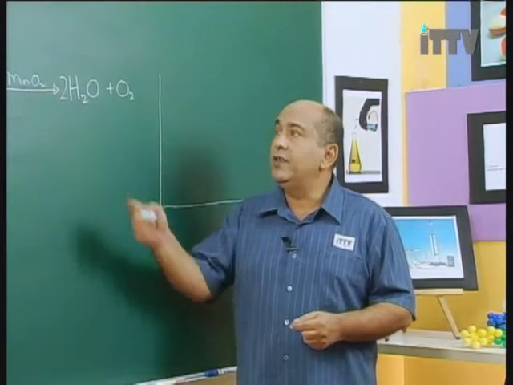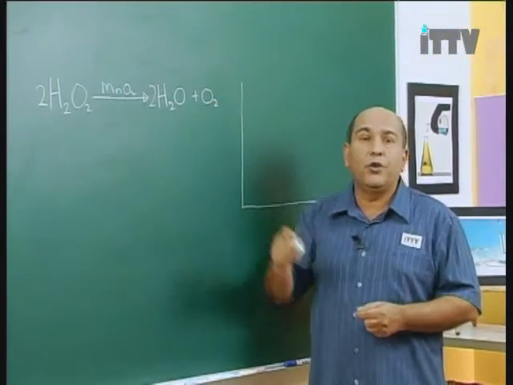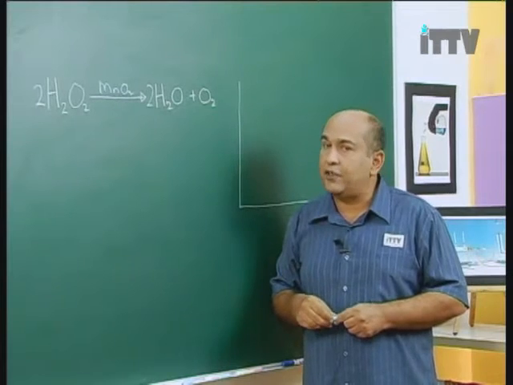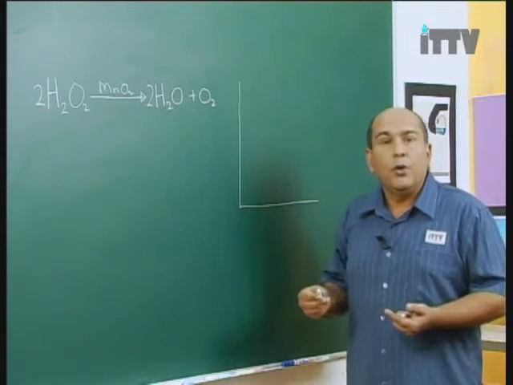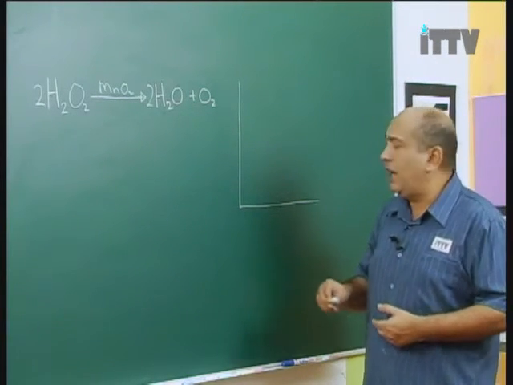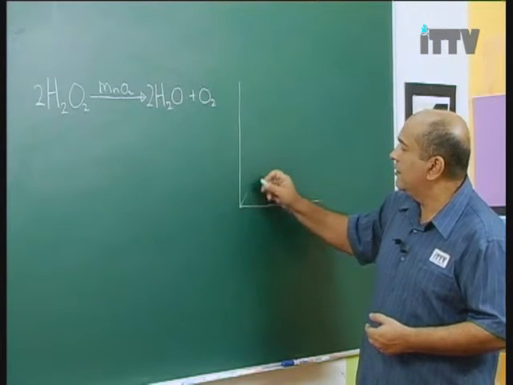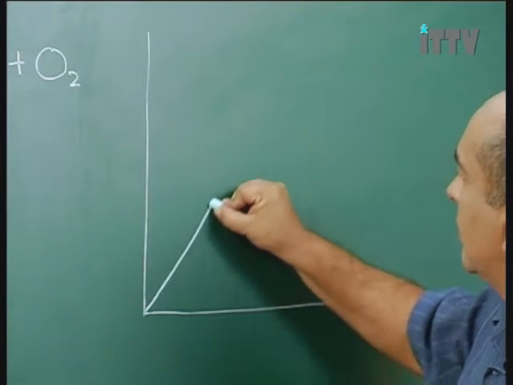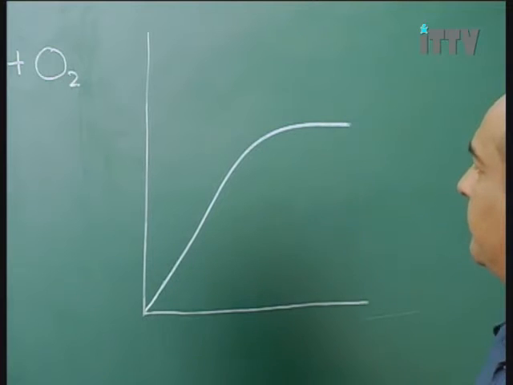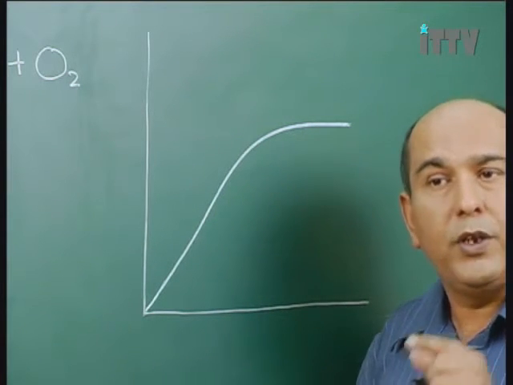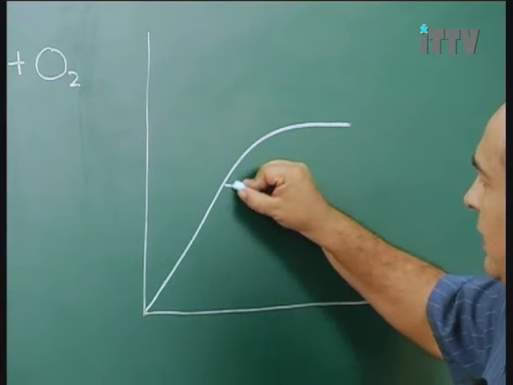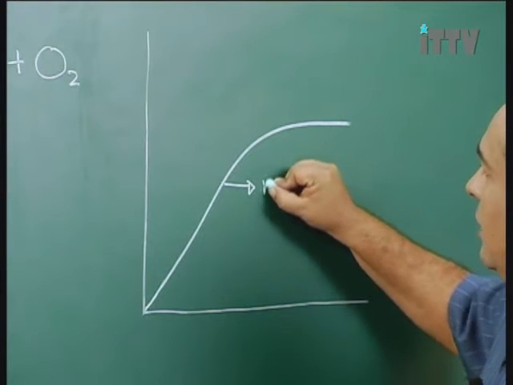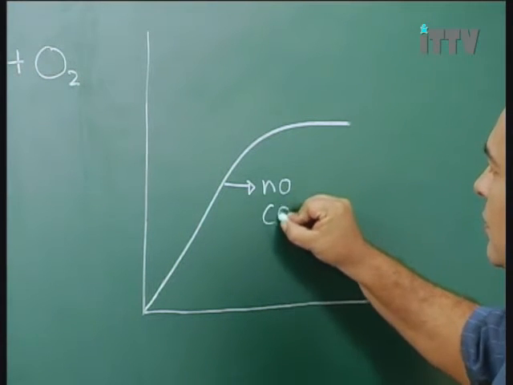We're going to record the volume of oxygen gas that is being produced. Because it's a product, our graph should look something like this. But this is with no catalyst.